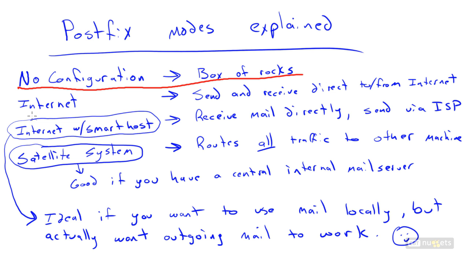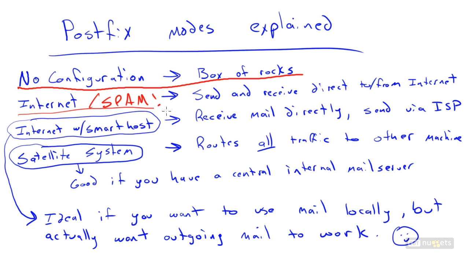Now, internet, at first glance, this seems like it might be a good idea. Set up an internet host that's going to send and receive email directly. The problem is spam, right? If this was 10, 15 years ago, it wouldn't be a problem to set up an internet host to send and receive email.